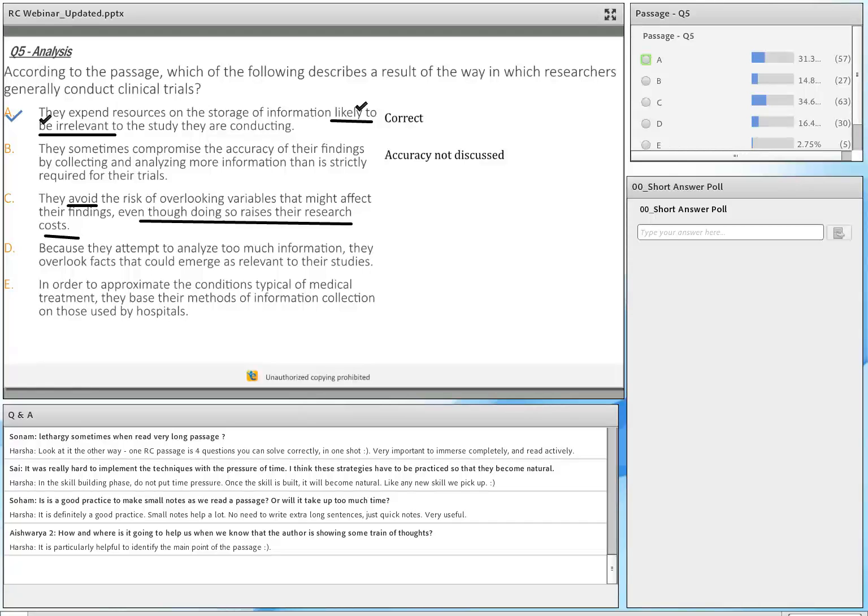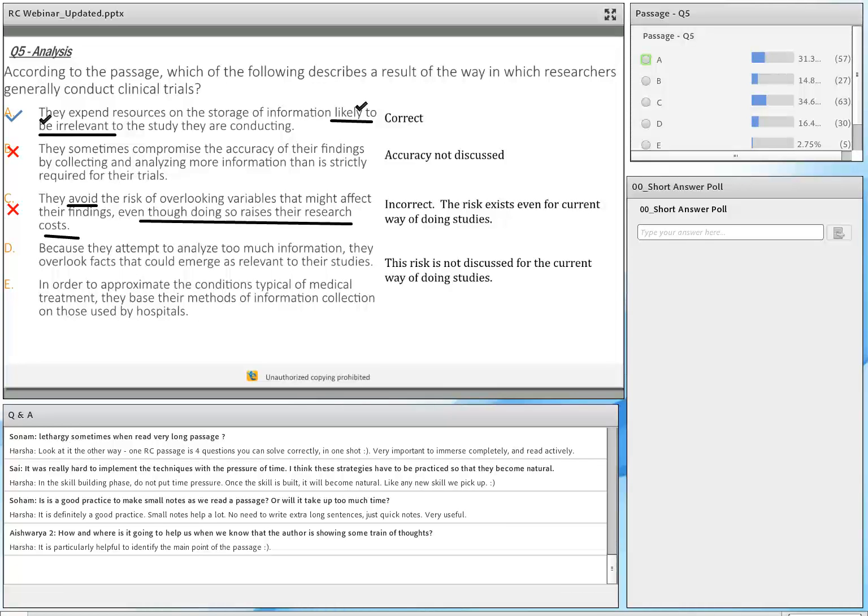Focus on every word that is there in an answer choice. Choice D is a cause and effect. Choice D says, because they attempt to analyze too much information, they overlook facts that could emerge as relevant. It combines information from paragraph 1 with paragraph 2. If you chose choice D, you are merging information from paragraph 1 and paragraph 2.